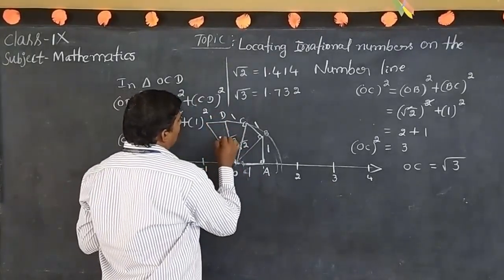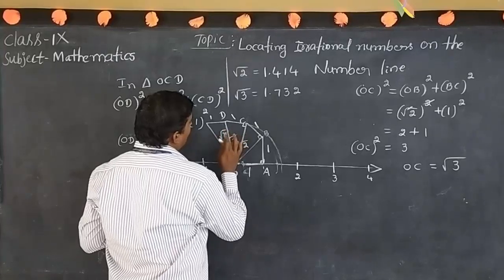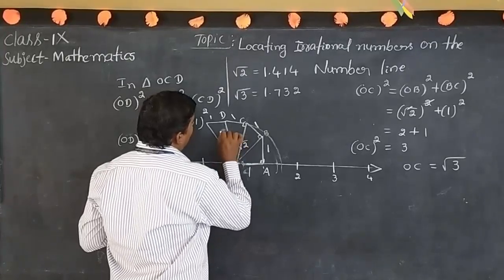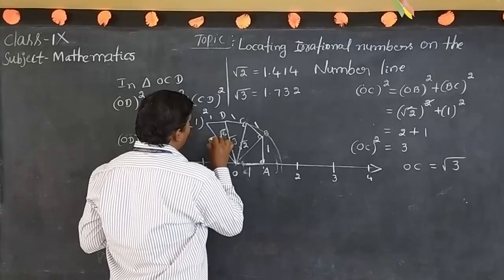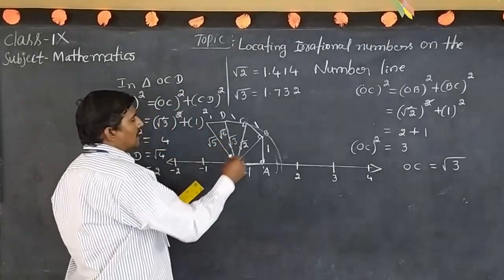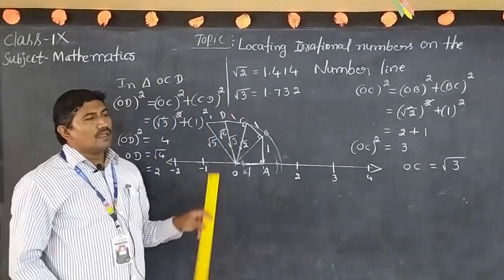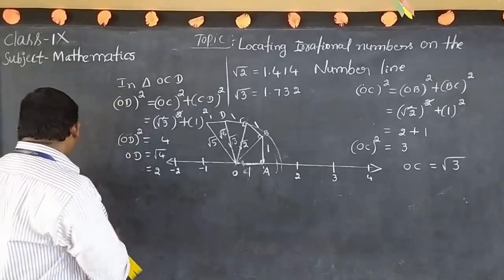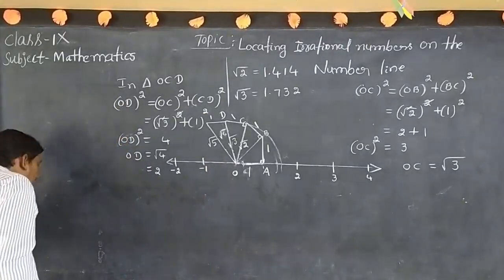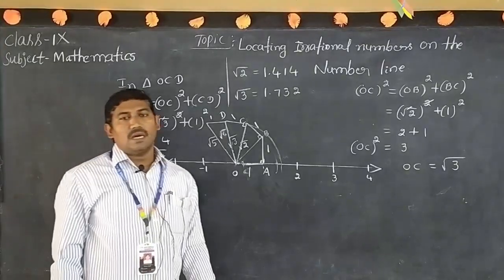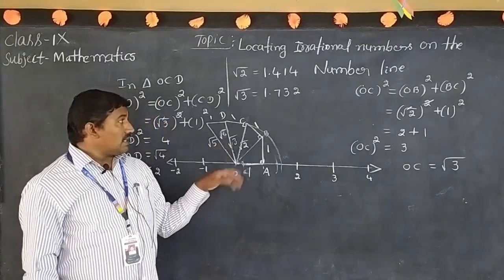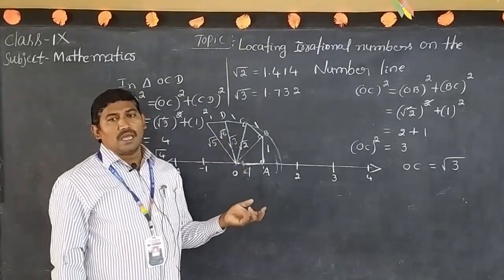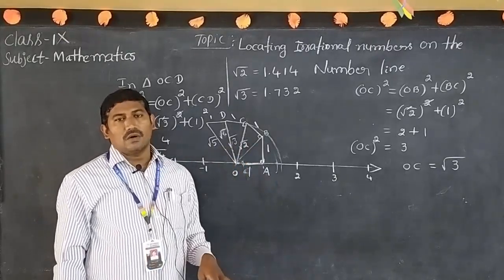This is root 4. This is root 5, then root 6, like a spiral coming. So not only natural numbers, whole numbers, integers, rational numbers, with that it is possible to locate irrational numbers also.